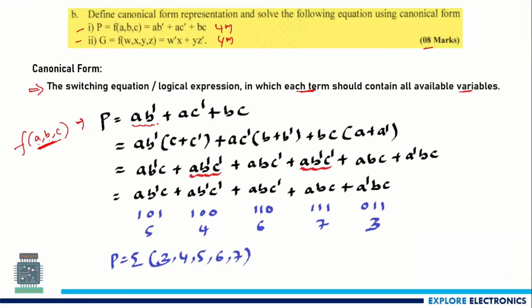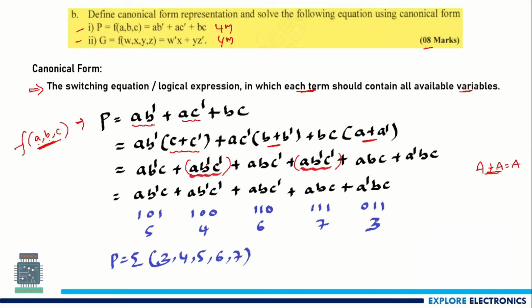So here a, b bar is there, here c is missing, so we need to add c like this, a into b bar into (c plus c bar). Similarly here a into c bar is there, with that b is missing, so we need to add b. Similarly here we need to add a, and then solve this. Here these two expressions are same. We know that a plus a will be equal to a.